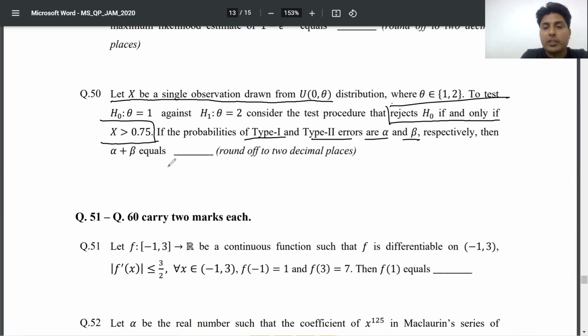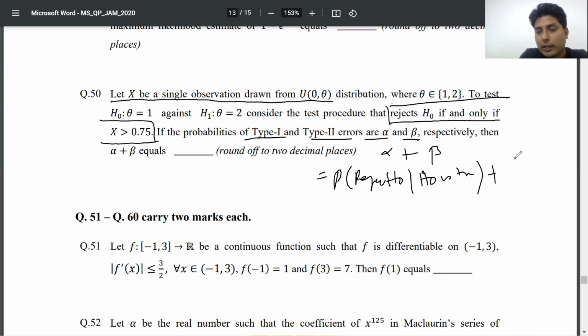Find alpha plus beta. So let's see. Alpha is the probability of rejecting H0 when H0 is true, and type 2 error is the probability of rejecting H1 when H1 is true.